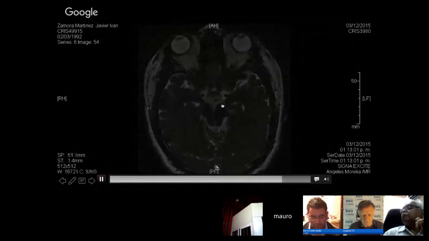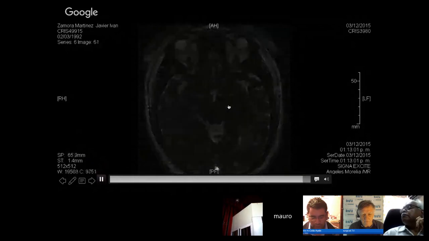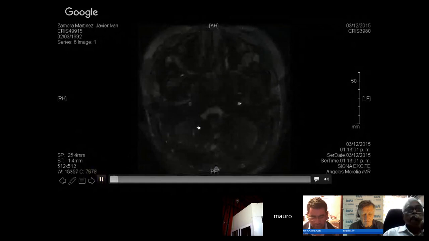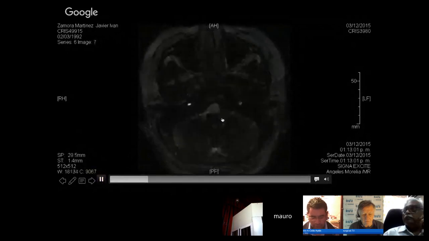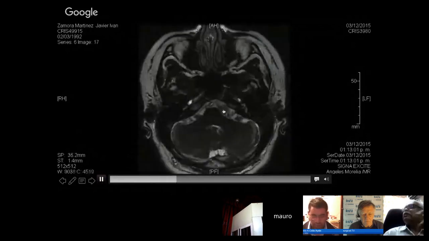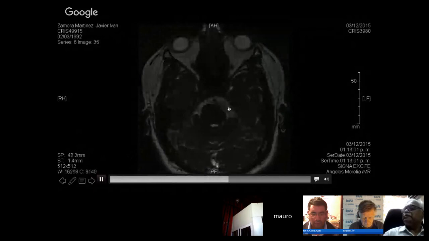Also, it's located at the left cerebellopontine angle. Of course, beside that, we can try to find the trigeminal nerve. It's not visible.